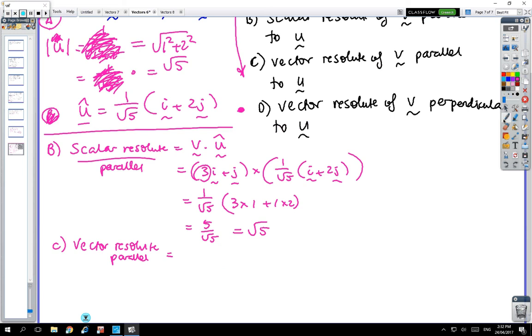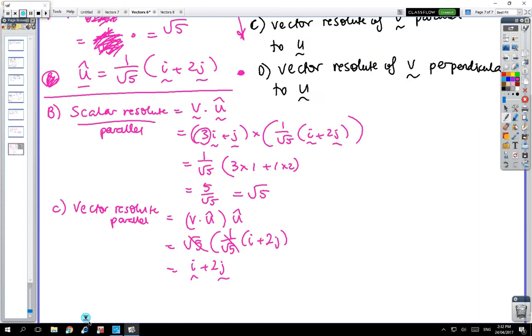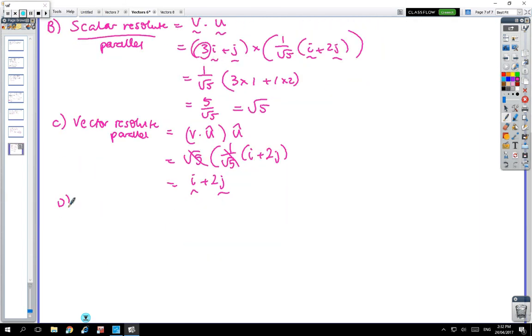I'm going to have v dot u hat, times u hat. So it's going to be root 5 times 1 over root 5 of i plus 2j, and then the root 5s cancel out. So this is going to be i plus 2j.